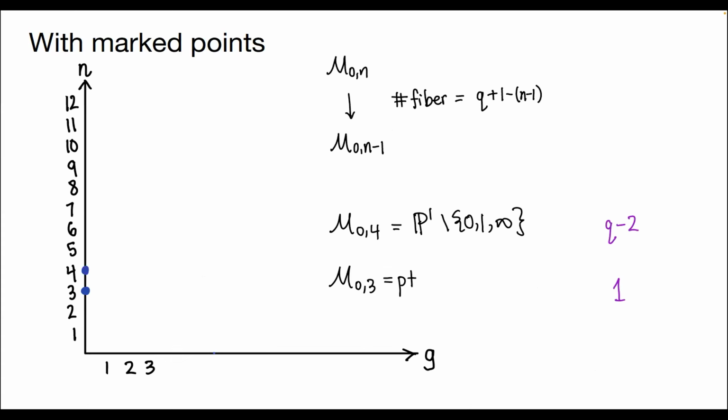And then if I want to figure out what's happening in general, I can think about this forgetful map from M_{0,n} to M_{0,n-1}. And the fiber of that forgetful map is just P1 minus the n minus 1 points that I already marked. So you can use that to inductively show that the point counts are given by this formula, which is a polynomial in q.